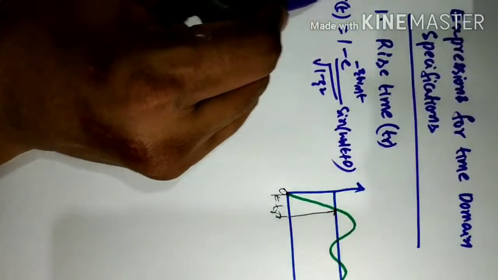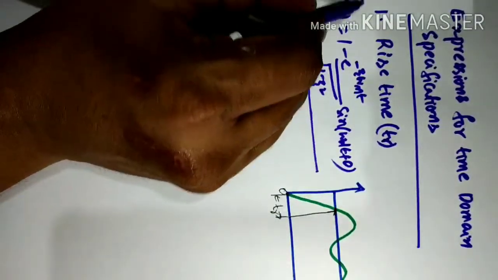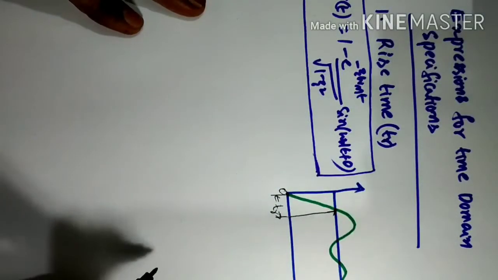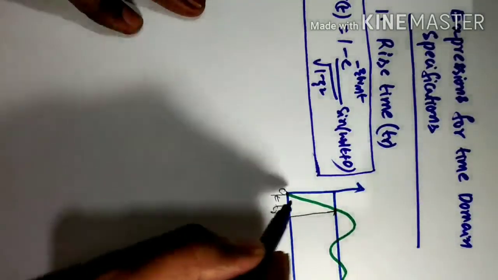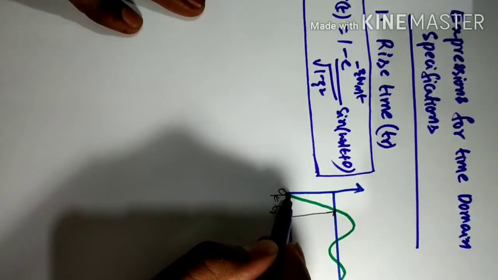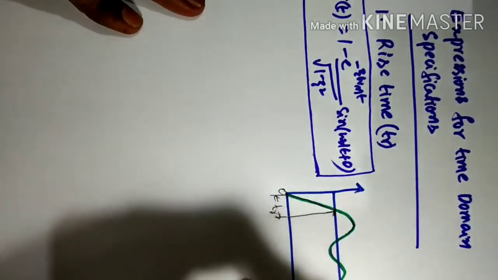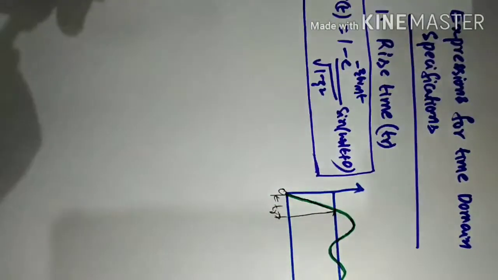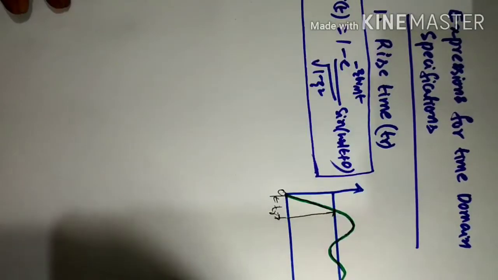You know this formula; we have derived the expression for this response. From this response we are going to find the rise time TR.